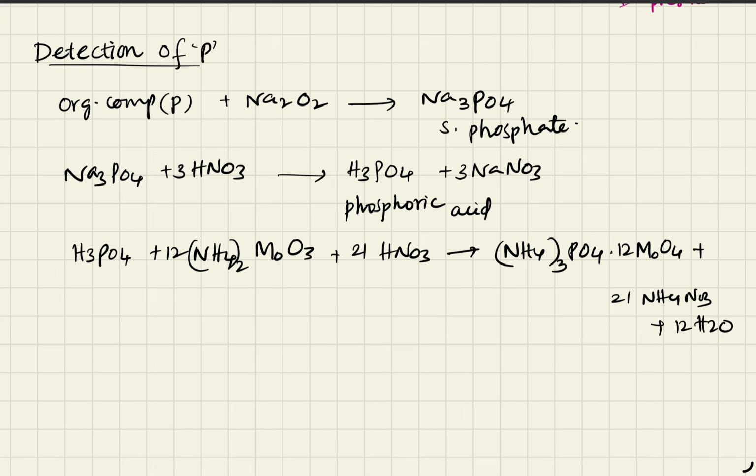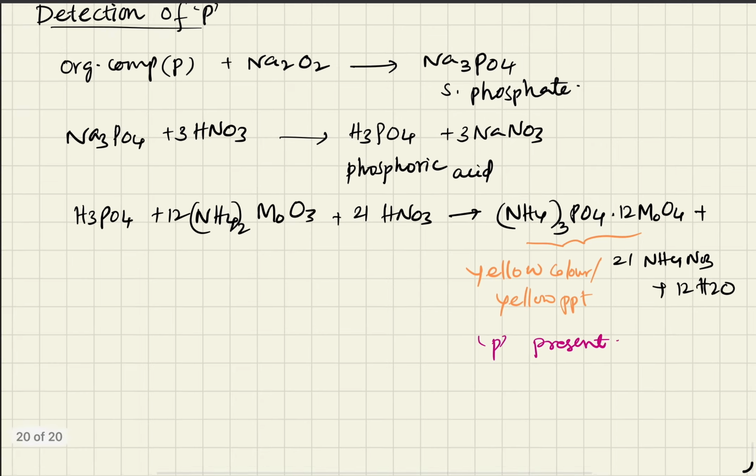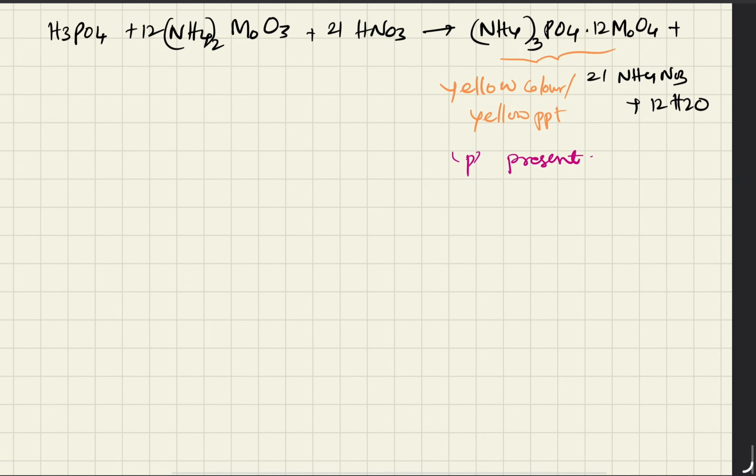This compound is a yellow coloration or yellow precipitate. That indicates that phosphorus is present in the organic compound.